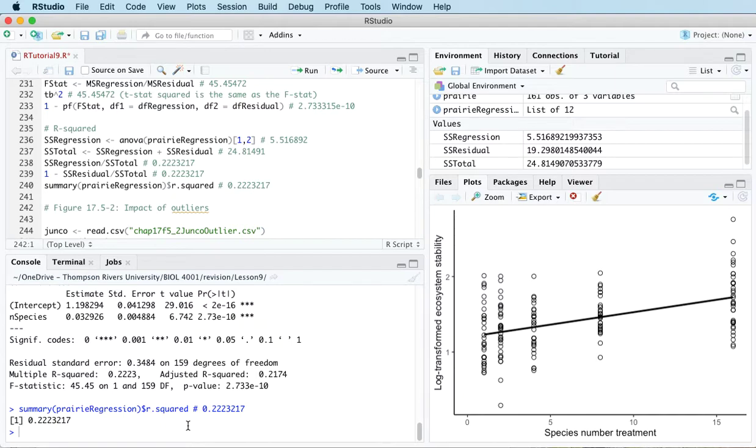The most important part of this, though, is to interpret the value of r squared. And what r squared is telling us is the proportion of variation in the response variable about its mean that can be accounted for by this simple linear regression model.